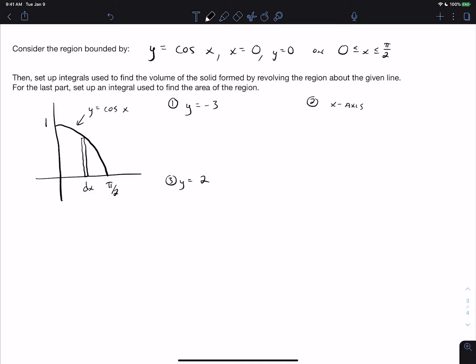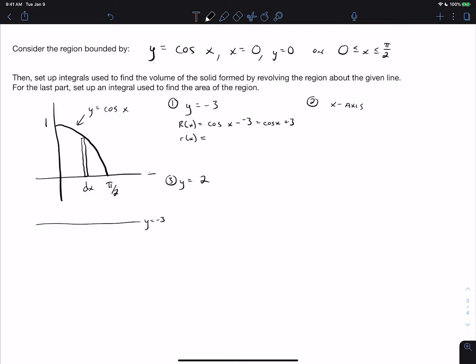Okay, y equals -3 is down here somewhere. Because we think of the rectangle as being perpendicular, we use the disk washer method. Big R is then the distance from the farther end of the rectangle to the line. That's cosine x minus -3, which is cosine of x, and then plus 3. It's important that the plus 3 is not within the cosine. Small r is the distance from the closer end of the rectangle to the line.